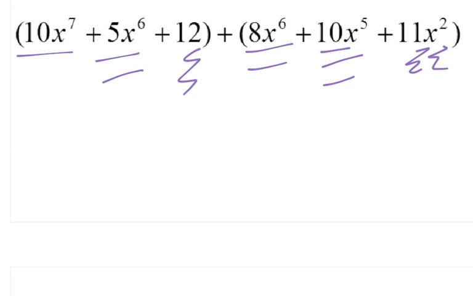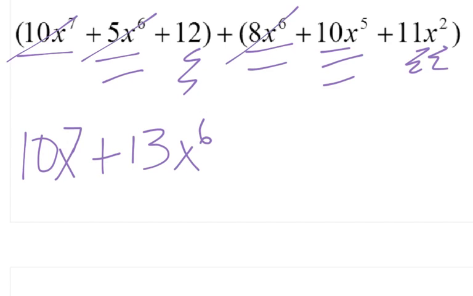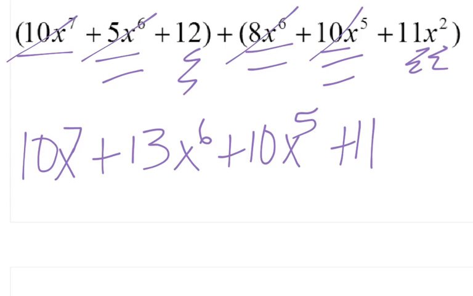So 10x to the 7th did not match up with anything. We bring it down. 5 plus 8 gives you 13x to the 6th. Then your plus 10x to the 5th plus 11x squared plus 12, and that would be your answer. You cannot combine them because they all have different exponents.